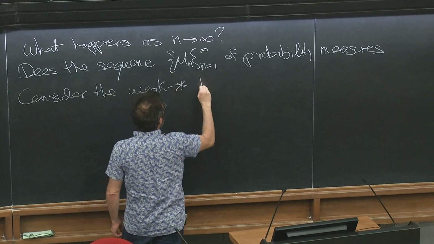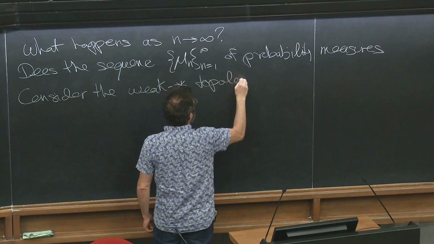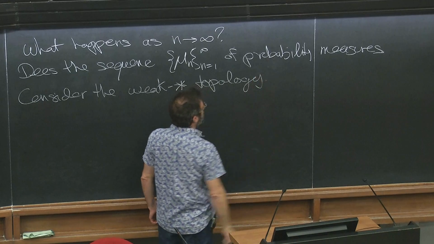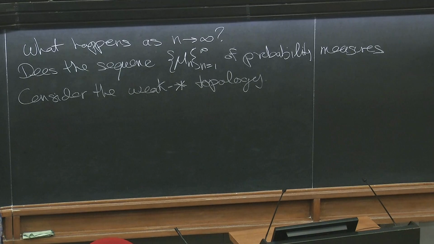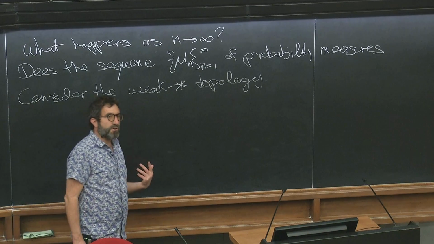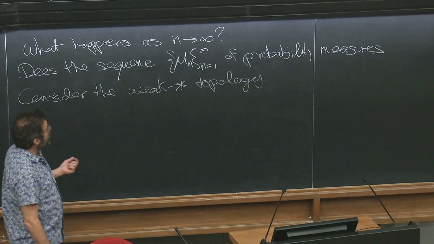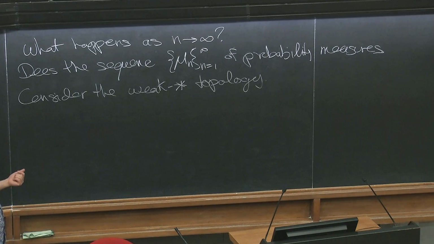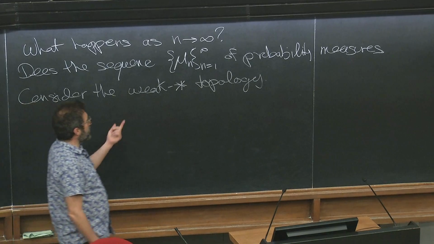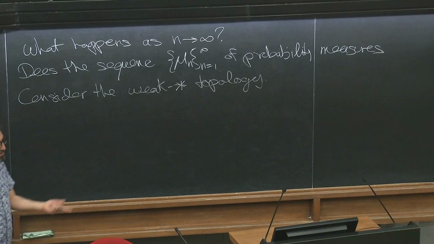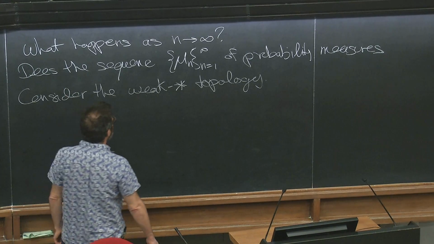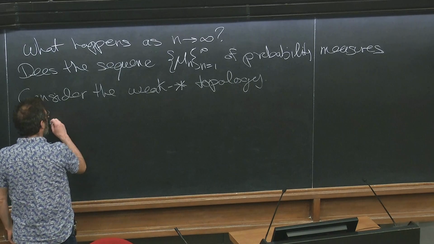This is called the weak star topology. So the kind of fancy description of this is that the measures are linear, they're the dual of continuous functions, so they're linear functionals on the space of continuous functions, and so the weak star topology is induced by the topology on the dual of continuous functions, but a more direct description means something quite easy.